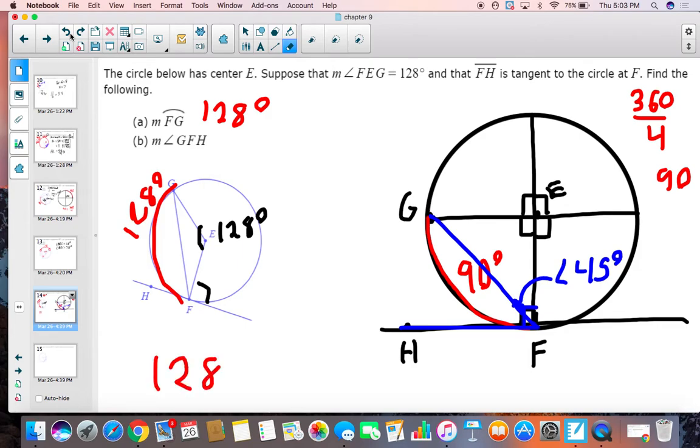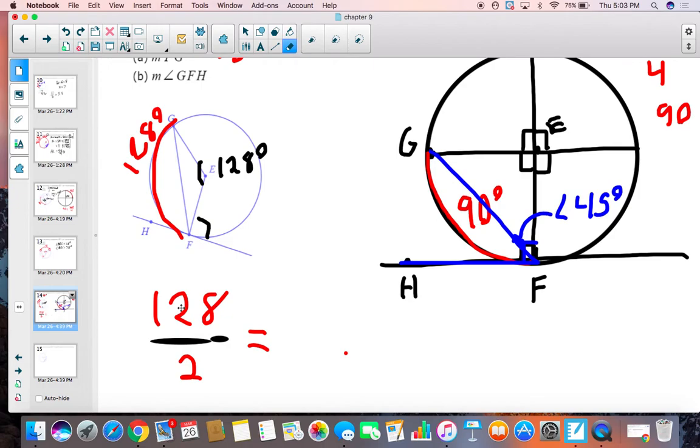128 divided by 2. Type that into your calculators. You should get 64, I believe. Yes, 64 degrees for angle GFH.